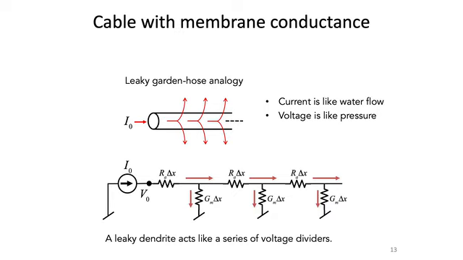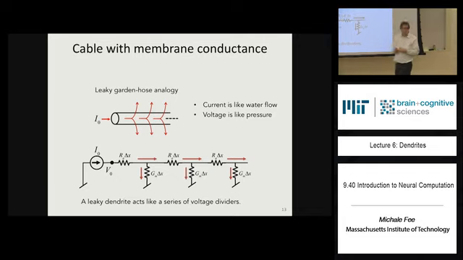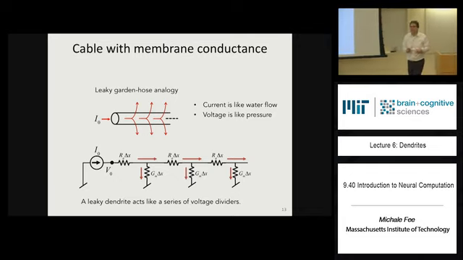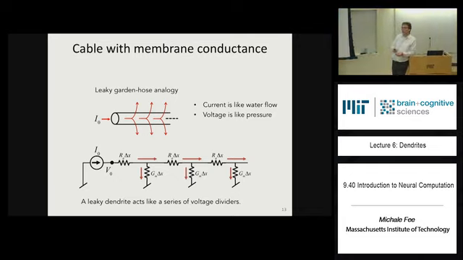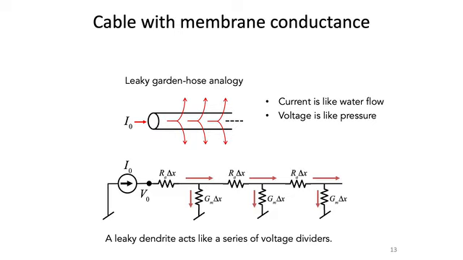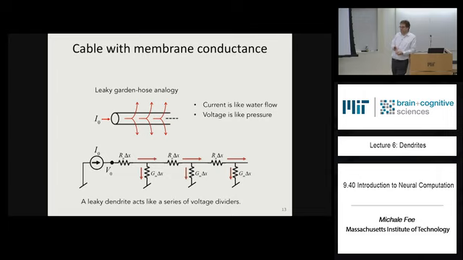All right, so now we're going to come back to the case where we have membrane currents, okay? And we're going to derive the general solution to the voltage in a piece of dendrite for the case where we have membrane capacitance and membrane currents, okay?